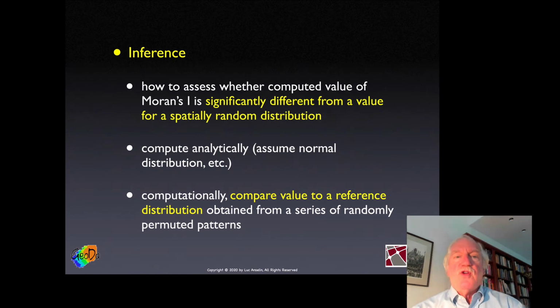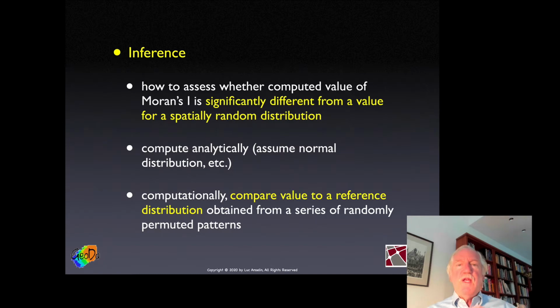How do we compute something from the data that allows us to infer whether spatial randomness holds or not? So how do we figure out whether this particular computed value is significant, in the sense that it's extreme with respect to the reference distribution, which corresponds to spatial randomness.